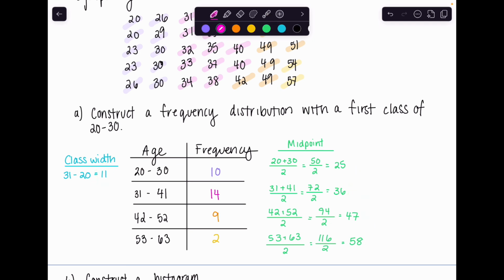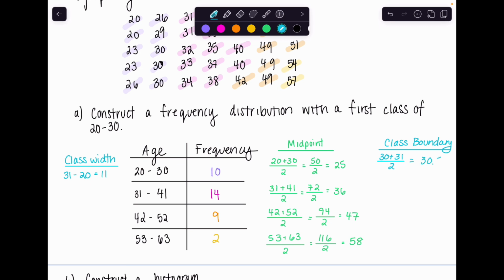Now to find the class boundary. Again, it's basically going to be the midpoint of these two values. In this case, you would do 30 plus 31 divided by 2. But really, it's the number directly halfway in between.